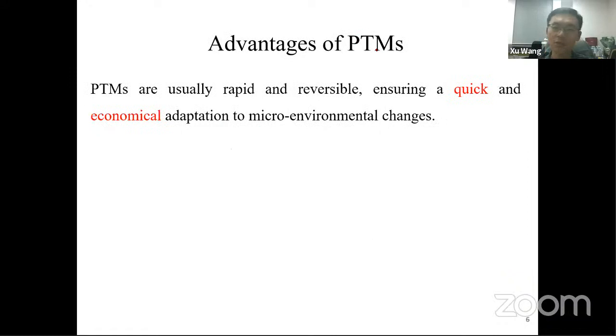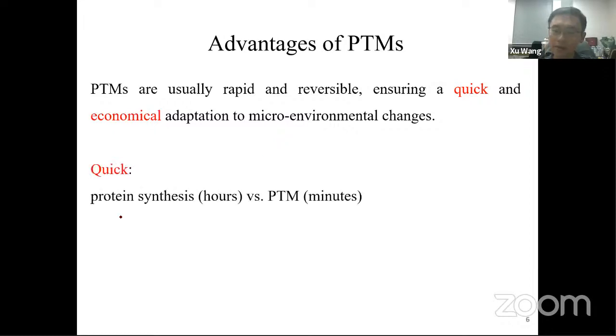The post-translational modifications are usually rapid and reversible, thereby ensuring a quick and economical adaptation to microenvironmental changes. Why is it quick? Because protein synthesis will take hours, even several days, but PTM will only take seconds or minutes. For example, when we treat cells with LPS, it will take less than 1 minute for phosphorylation and ubiquitination to happen.